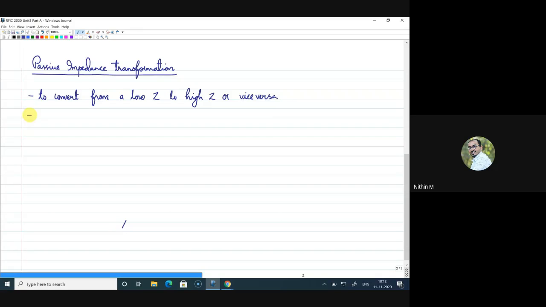Now, when you look at RF range, at radio frequencies, we generally use passive networks. I'm talking within an IC. So within an integrated circuit at RF frequency, we'll generally use passive networks to transform impedance.